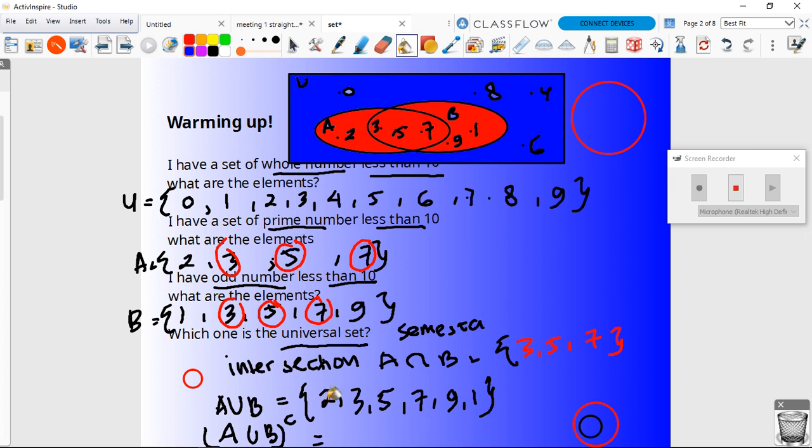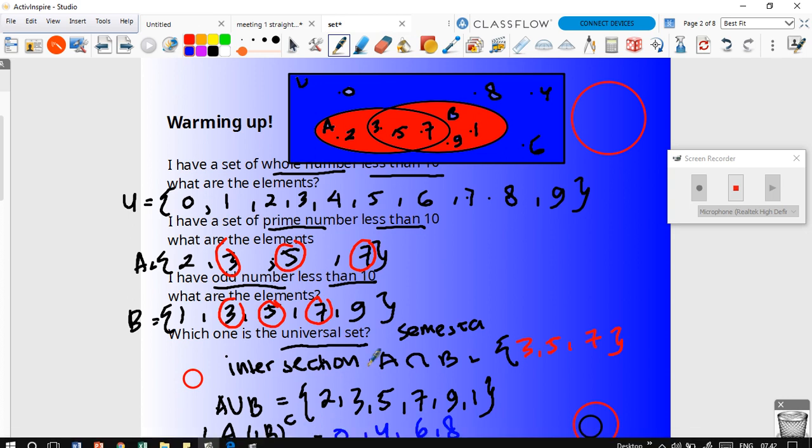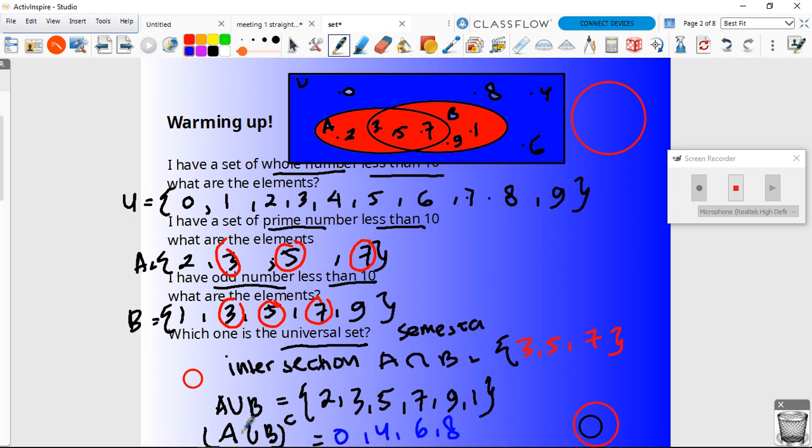Okay. So what are the members? 0, 4, 6, 8. So complement means outside of this area. Okay.